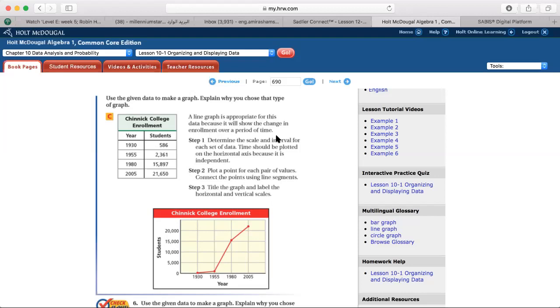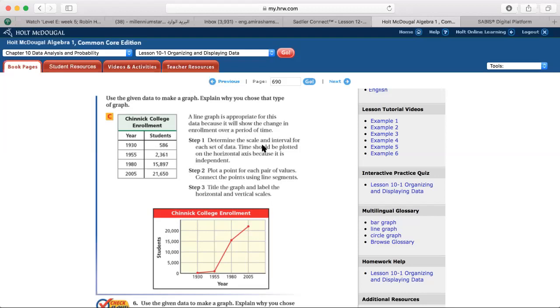If you are comparing categories together, it's better to choose a bar graph. If there are parts, components, ingredients, parts from a whole, it is better to choose a circle graph. So here, a line graph is appropriate for this data because it will show the change in enrollment over a period of time.